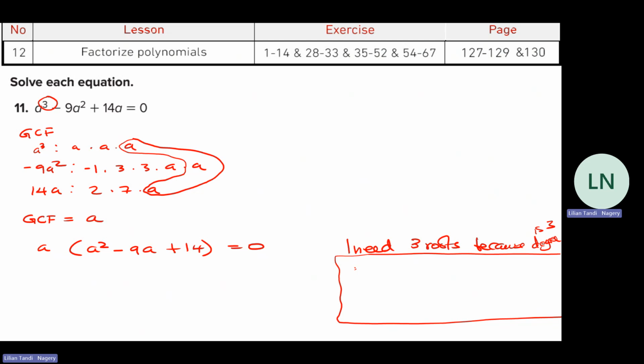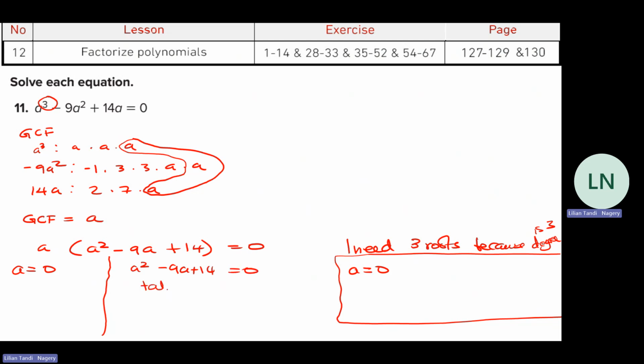So root 1, A equals 0 because of this. Now I need to solve, so when I divide this into 2, A equals 0, and then here A squared minus 9A plus 14 equals 0.